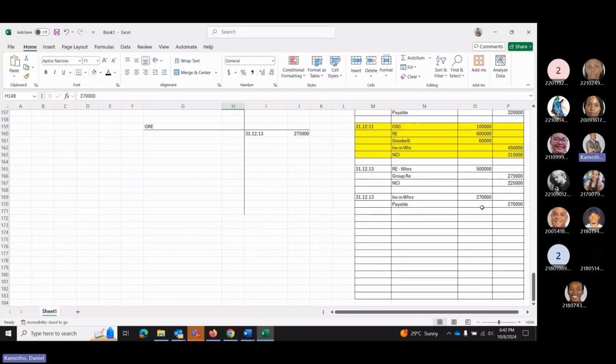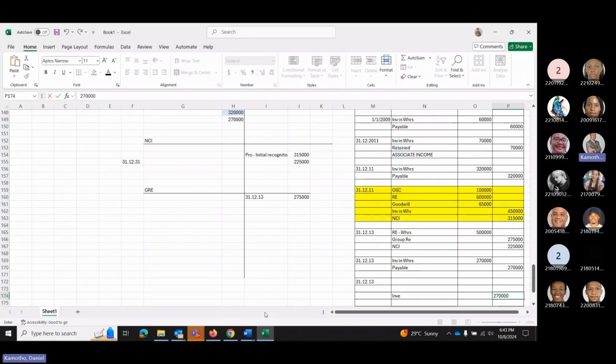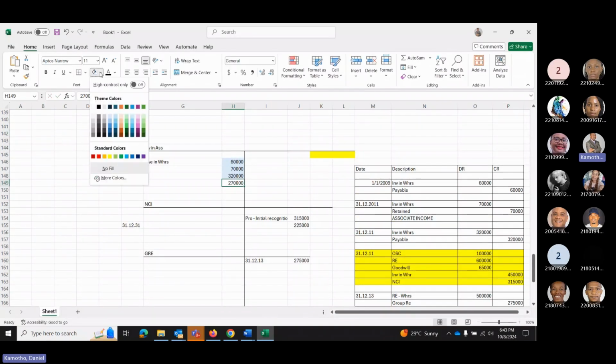Because another pro forma journal entry that we will need when we are preparing the consolidated financial statement on that date is to eliminate the investment. I'll put the investment as a credit. The investment that they have made is 270,000, so that this amount is also eliminated.